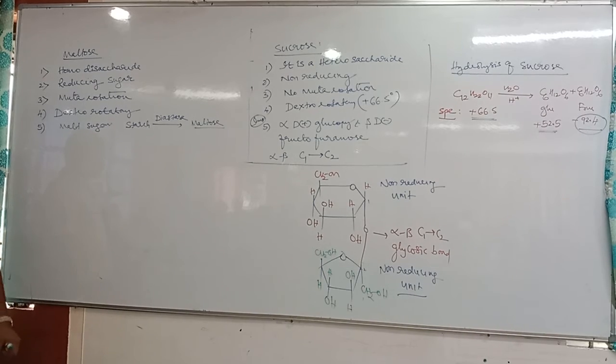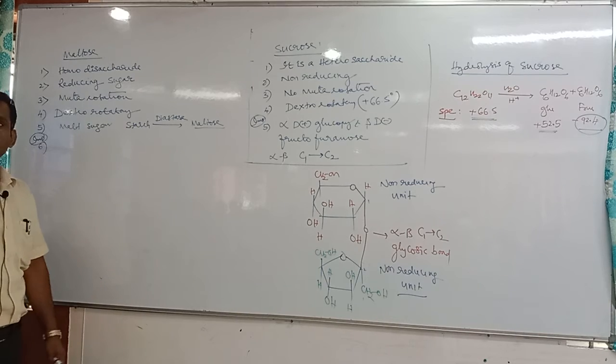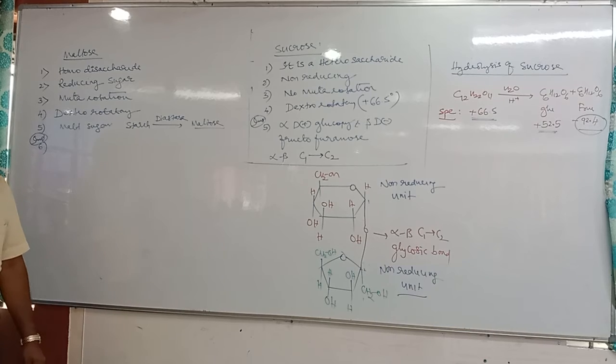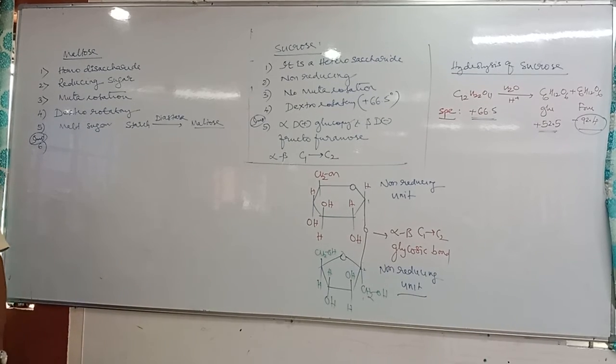Okay. Next, what is the structural information? Questions based on this are important. Maltose contains two moieties. Which two? Alpha D plus glucose units, which are joined together by an alpha C1 to C4 glycosidic bond.